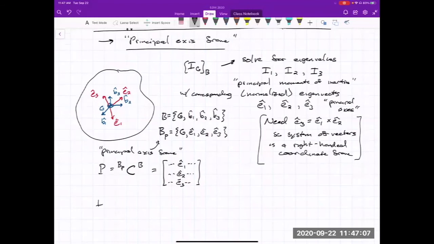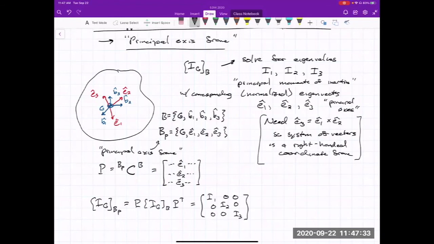Once you do that, then the moment of inertia in the BP frame is P I G B P transpose, and that is equal to the diagonal matrix I1, I2, I3 with all the products of inertia going away. So the products of inertia are just an artifact of not being in the best frame, a principal axis frame.